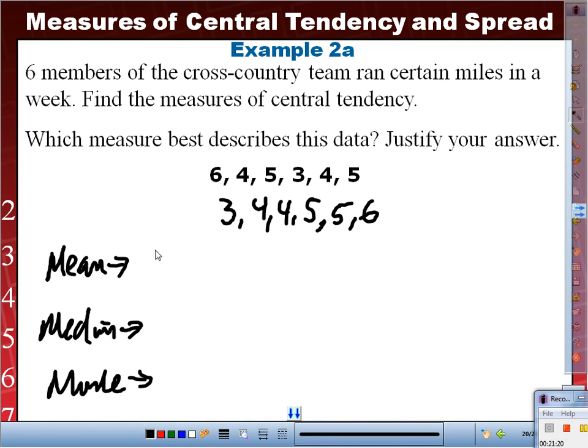Help him out, Haley Ann. Divided by what? And that gave us? Hands if you got that. That is correct. Pass someone.